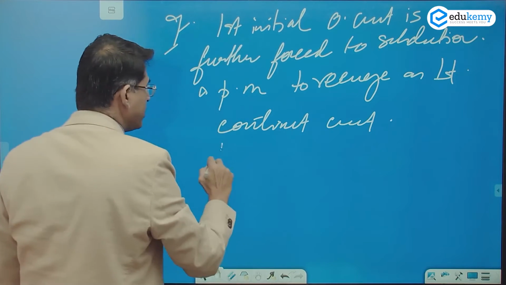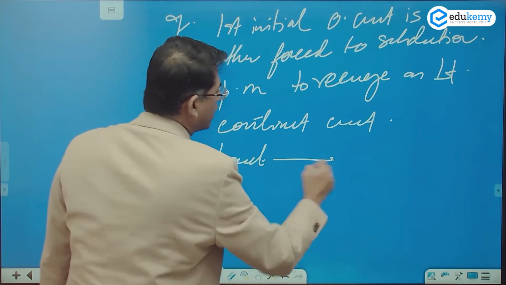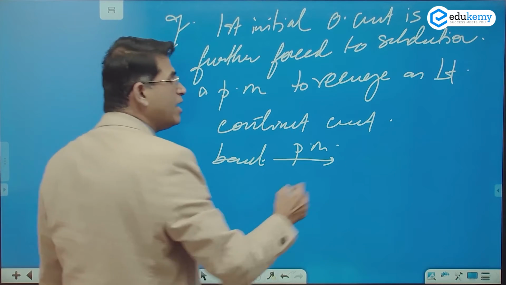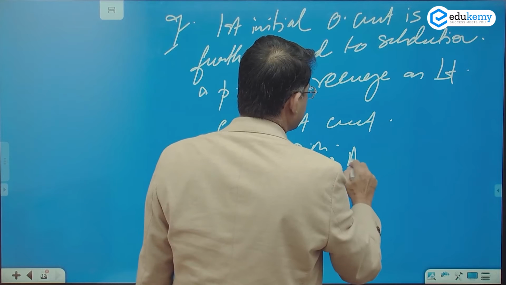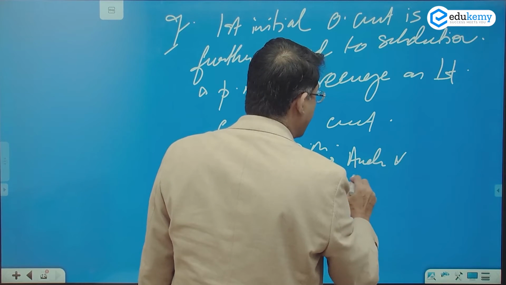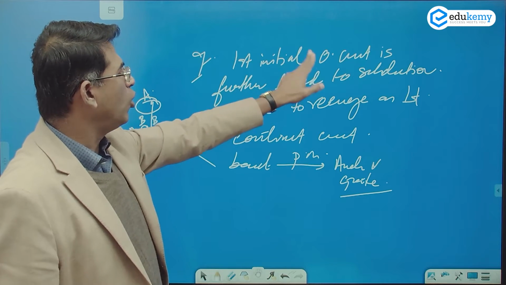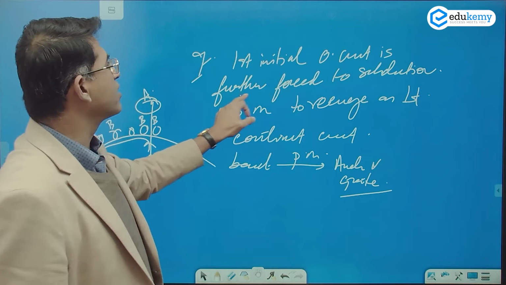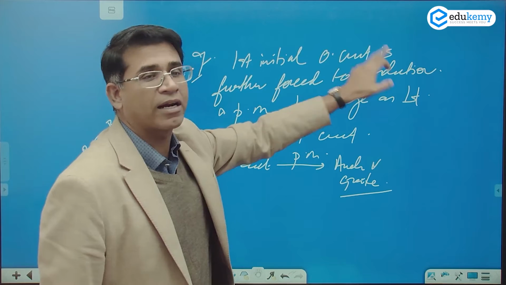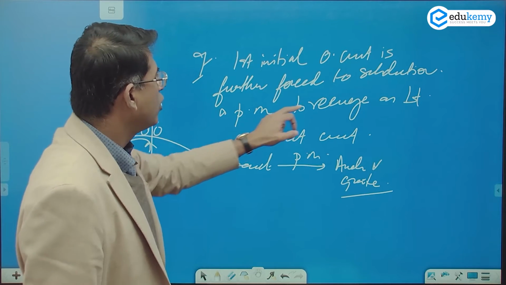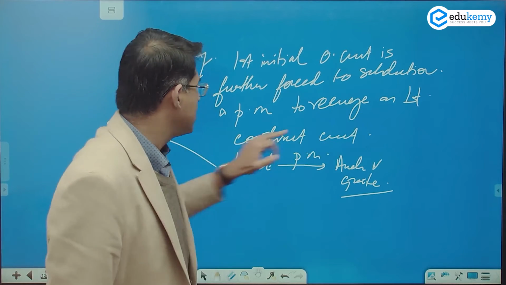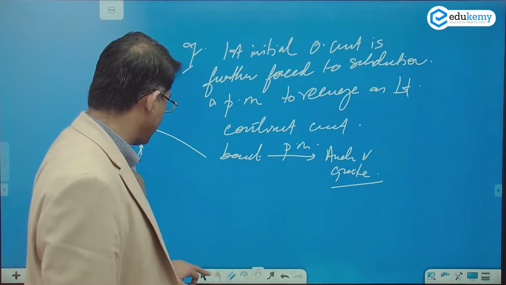So now what happens? Basaltic rocks undergo partial melting to form the first andesite and the granitic rocks. The first initial ocean crust is further forced to subduct and partially melt to re-emerge as the first continental crust.